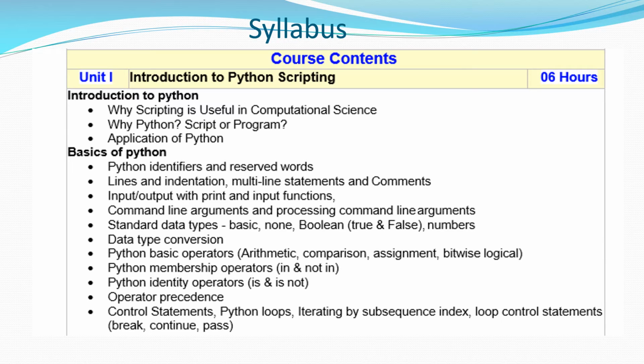Next is operator precedence and control statements such as if else, etc. Loops such as while or for loop. Then loop control statements such as break, continue and pass. For this unit, we require total 6 hours.